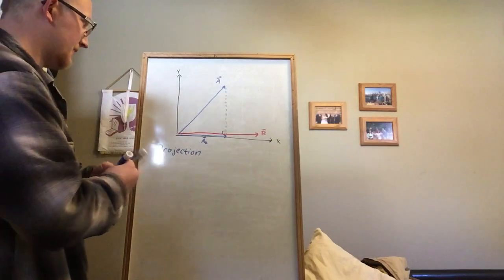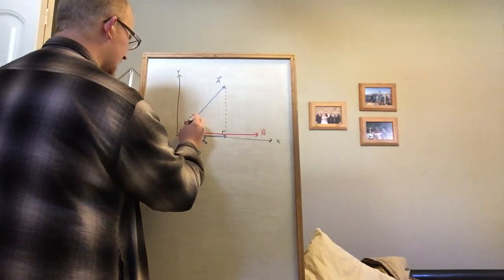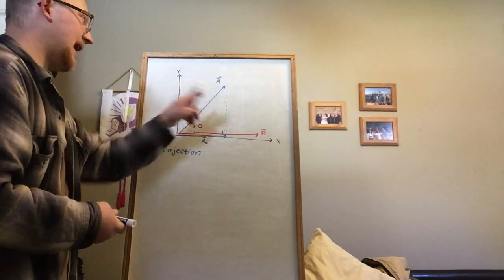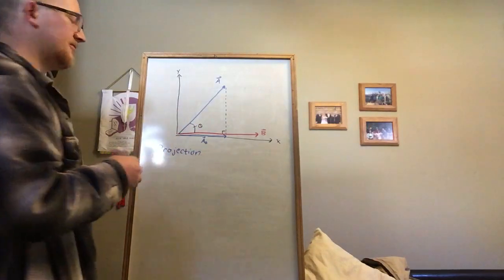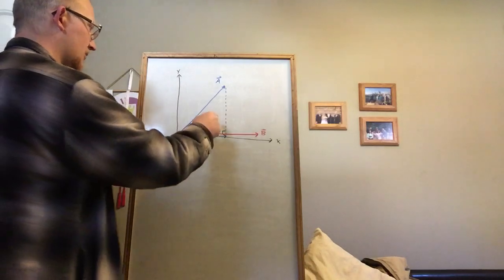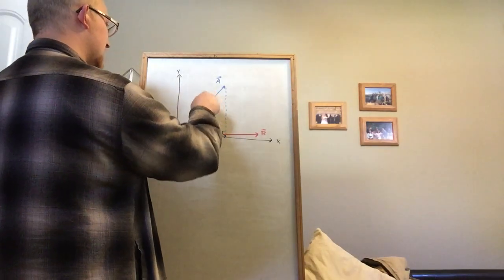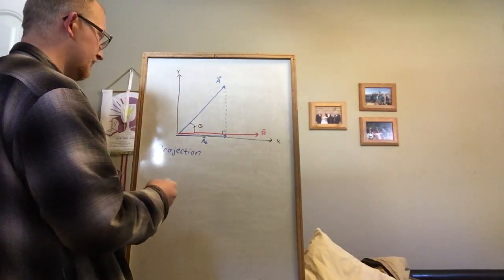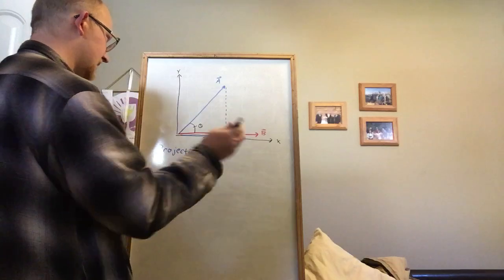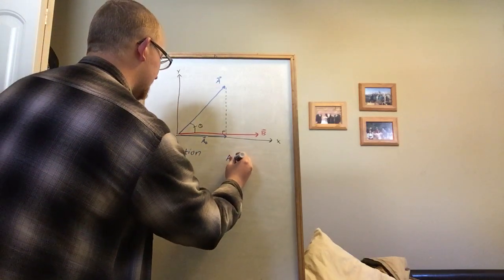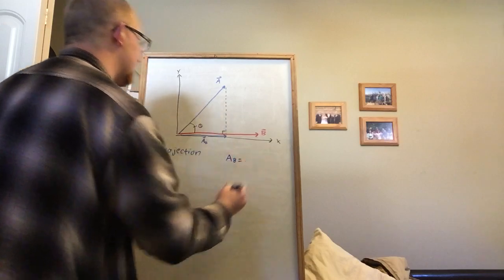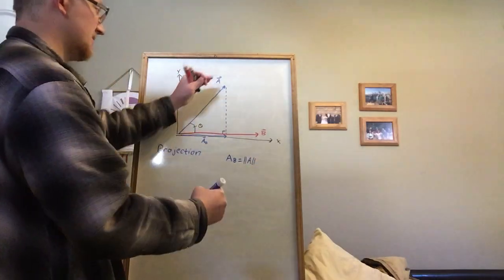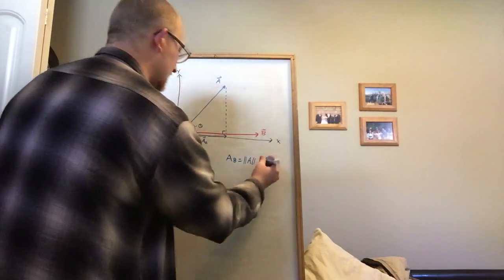It's important to know that if we have an angle between A and B, let's call it theta, then the projection of A onto B, because of trigonometric identities, is adjacent over hypotenuse. If we were looking for A sub B using theta, we would say that A sub B is equal to the magnitude of A times cosine of theta, because we're at the adjacent side.